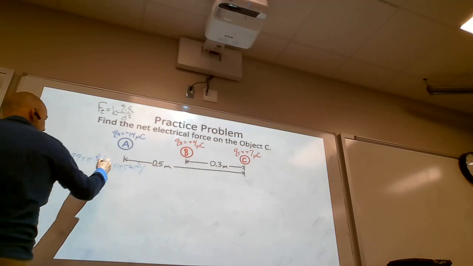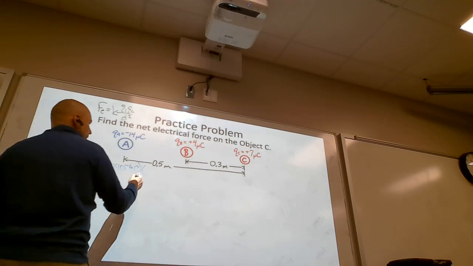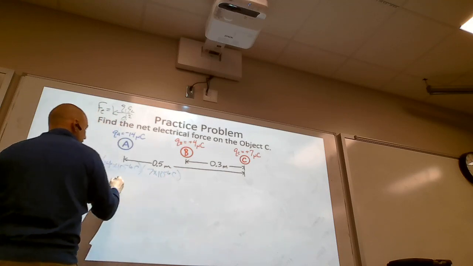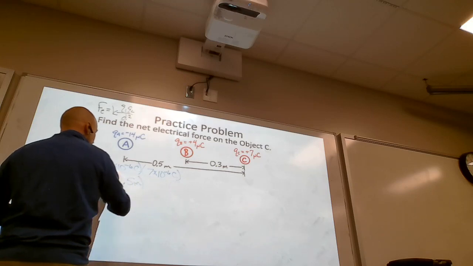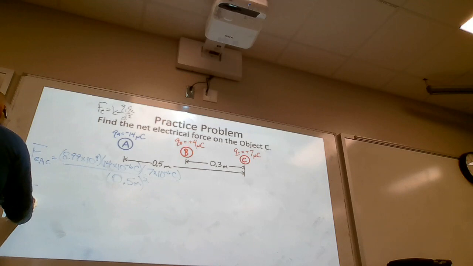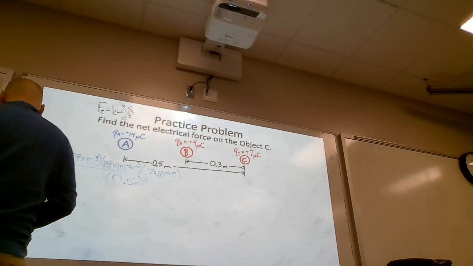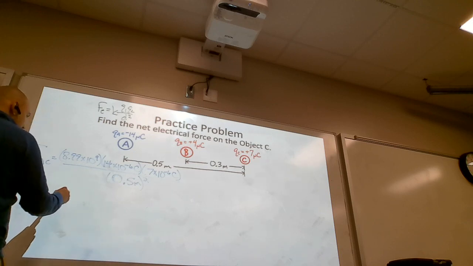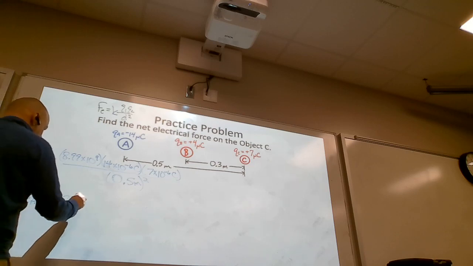Nope. 14 times 10 to the negative 6 coulombs times 7 times 10 to the negative 6 coulombs over the distance of separation squared, so 0.5 meters. Square that. 3.5 newtons.